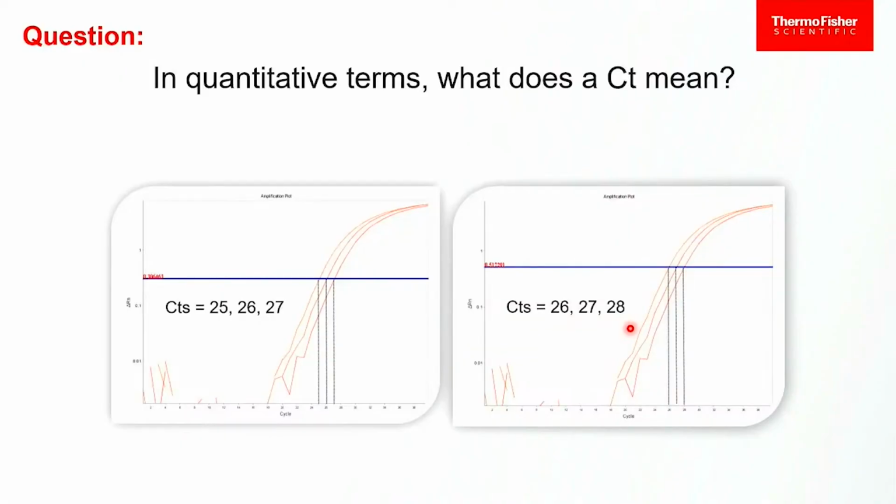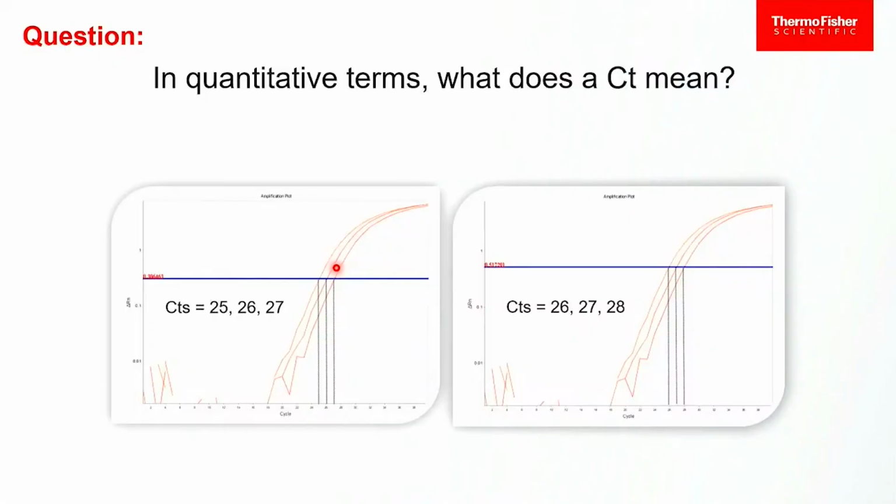This is the same data. I made the same thing, but where I'm collecting the data is a little bit different. However, the difference between these samples remains consistent. Between 25 and 26 is 1 unit. On the left, 25, 26, 1 unit, 26, 27, 1 unit.